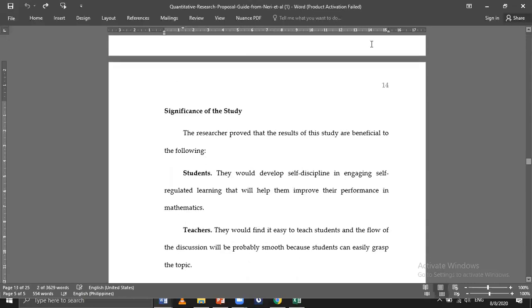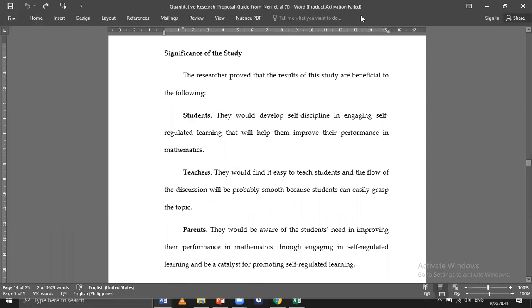Now, let's go to the format. This is the title, the subtopic, the significance of the study. This should be in bold, with the first letter capitalized, except of course for words like the, of, to, and for.